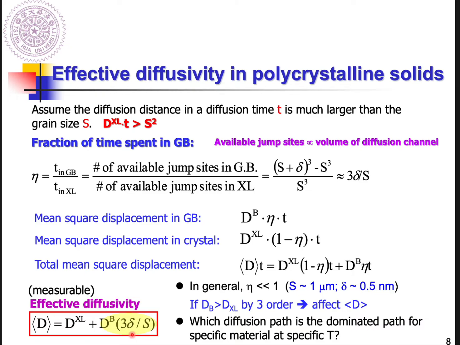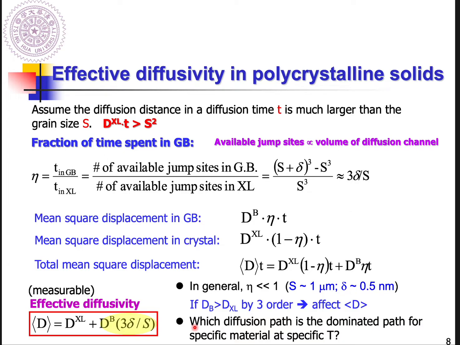But sometimes, yes, the effective diffusivity has contributions from different types or kinds of diffusion paths. For example, from the grain boundary. And if you have a free surface, probably you need to add the free surface part and also the dislocation part. You can add lots of possible diffusion paths that exist in your materials.